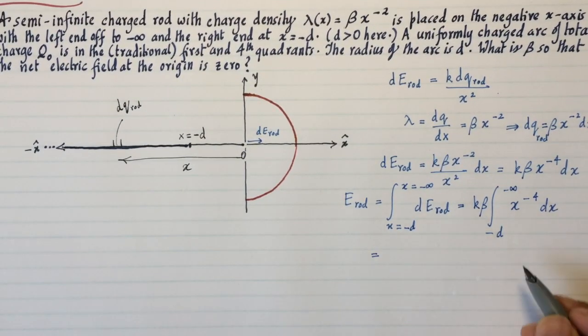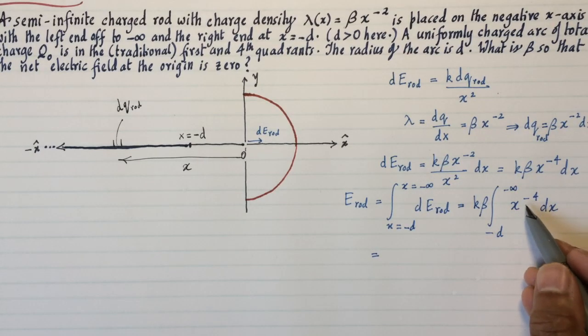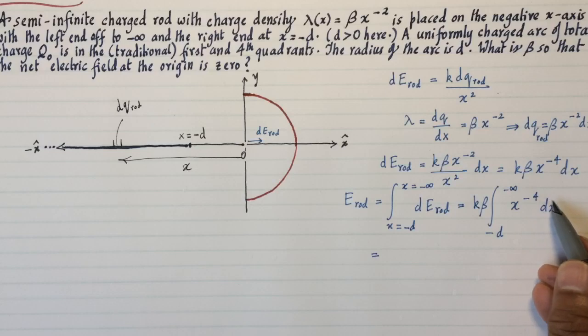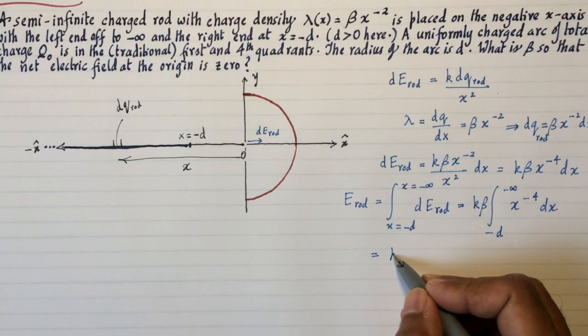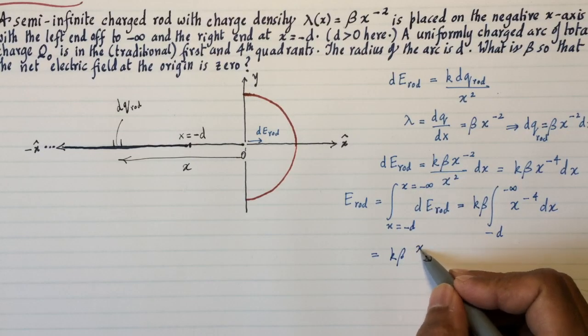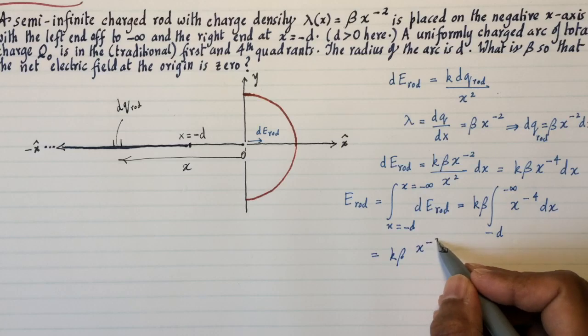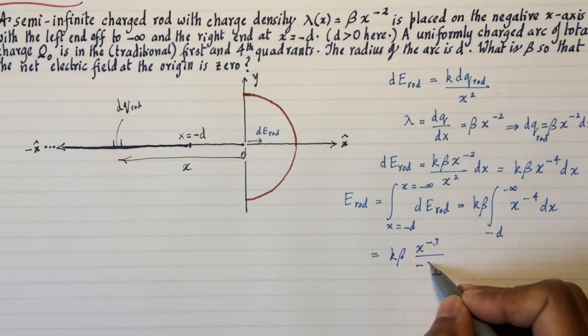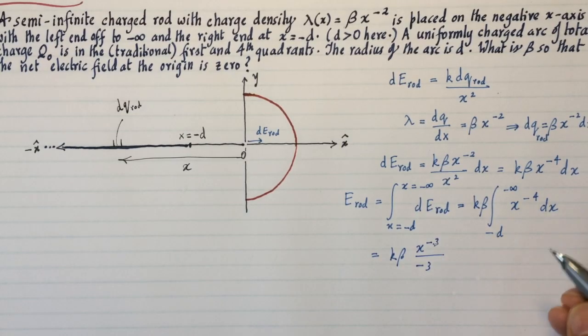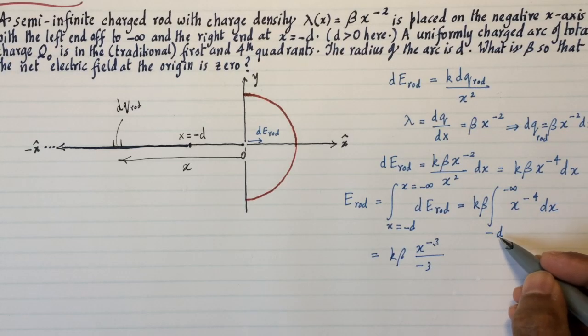If you use calculus, you'll use the formula x to the n, so x to the n plus 1 over n plus 1. So that's going to be x to the minus 4 plus 1, which is minus 3, over minus 3. Here's where we have to be careful about the interpretation of the value d.